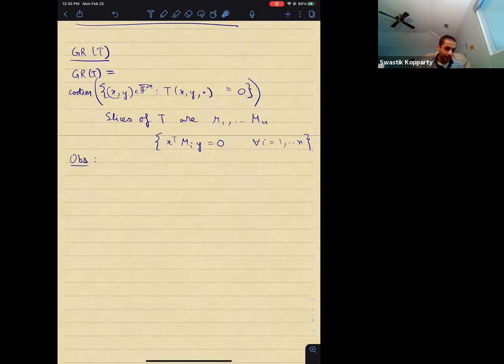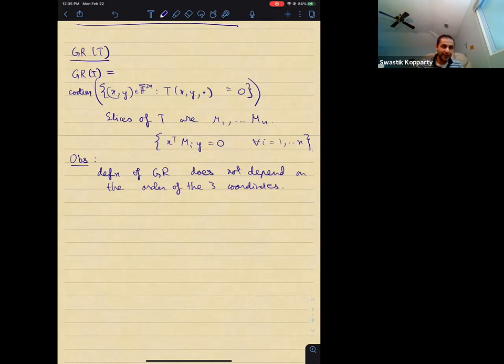Now the observation is, it doesn't matter how you slice the tensor, this variety still has the same codimension. So this definition of GR does not depend on the order of the three coordinates. I'm going to prove this.